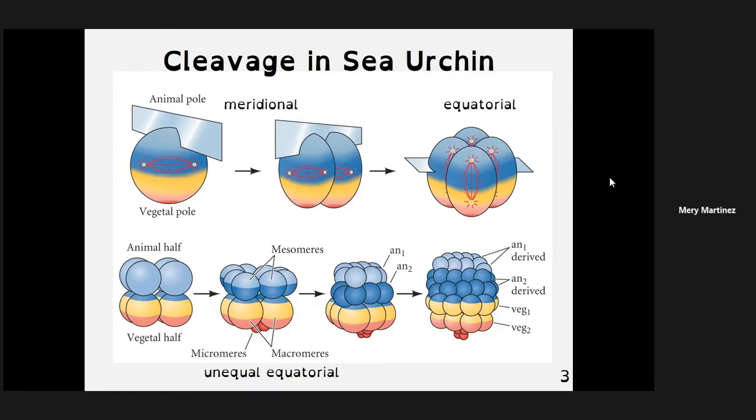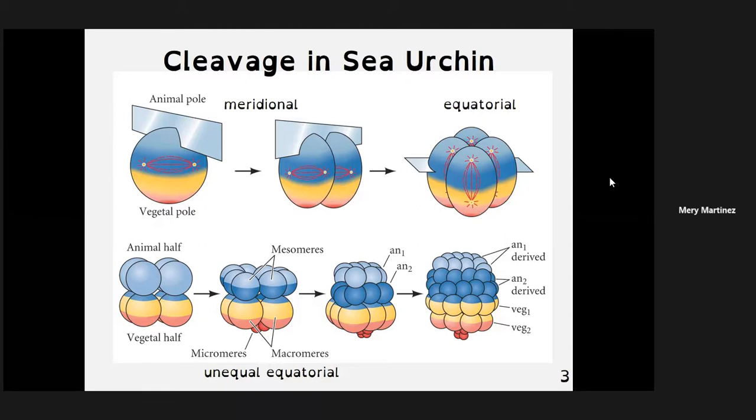Cleavage in sea urchin is determined in part based on the content that it has, okay? So sea urchins have what we call radial holoblastic cleavage. Remember, we already defined these terms.